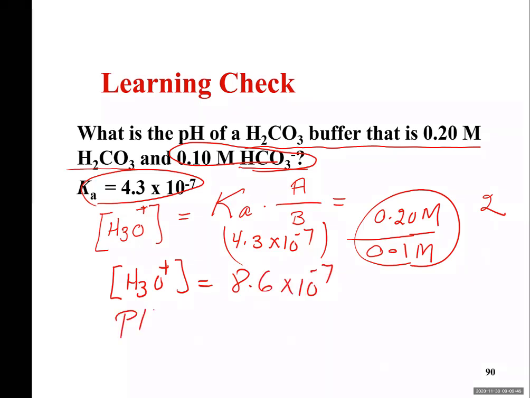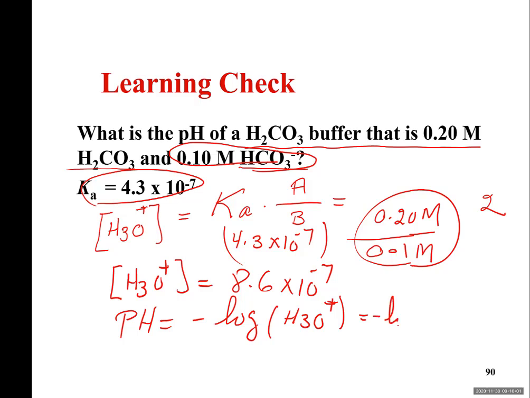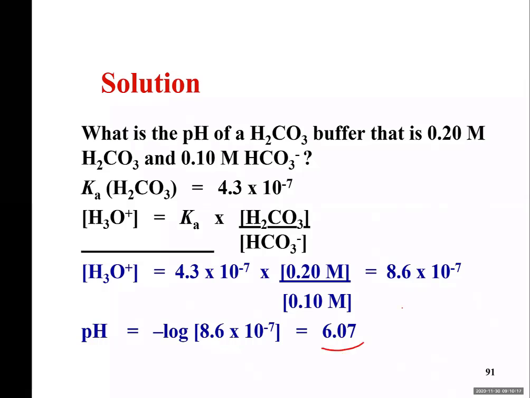And if you want pH, you have to get negative log of the hydronium ion concentration, which is negative log of 8.6 times 10 to minus 7. It should be 6 point something. Yeah, 6.07.